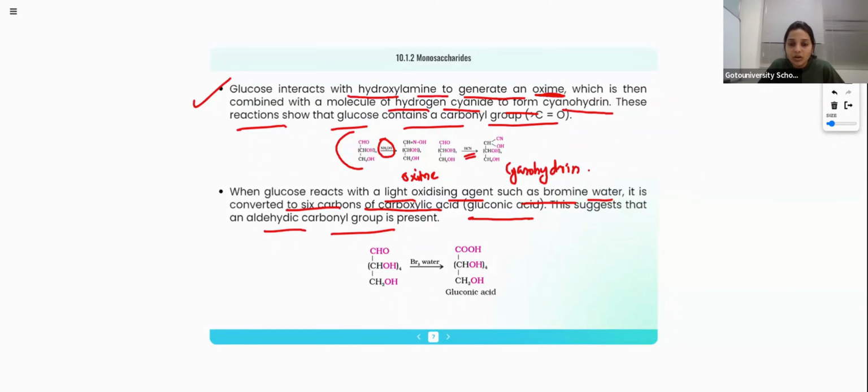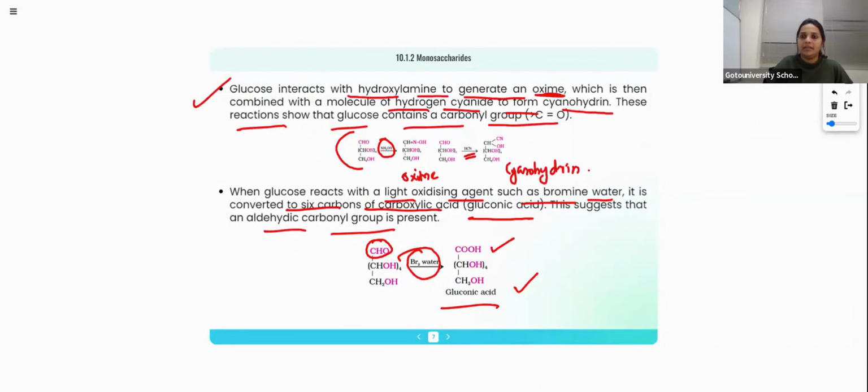So this is glucose. When you are adding bromine water, we are getting gluconic acid. Means this aldehyde group is converted into COOH, means the aldehyde group is oxidized into acid group. That's why they are producing gluconic acid.